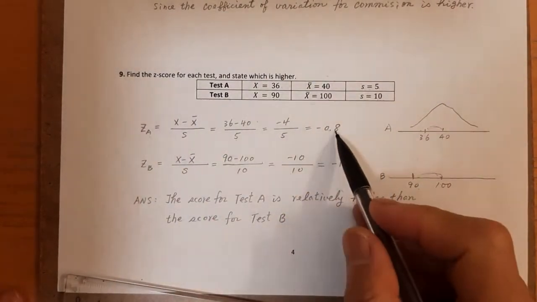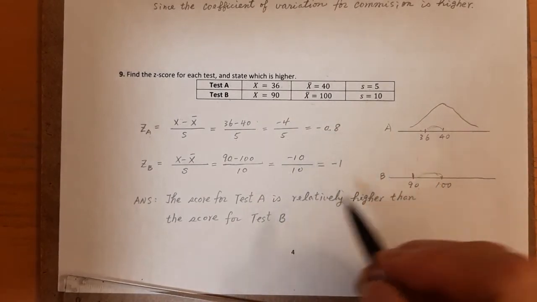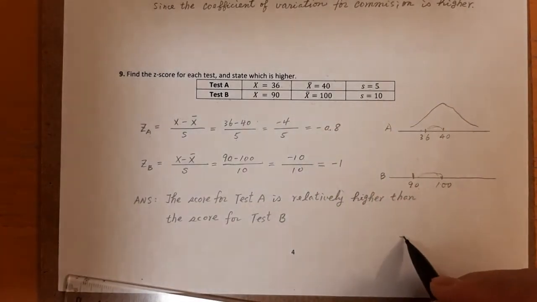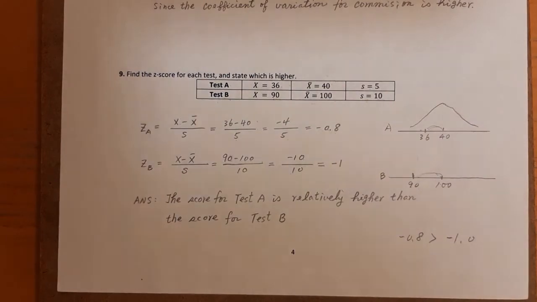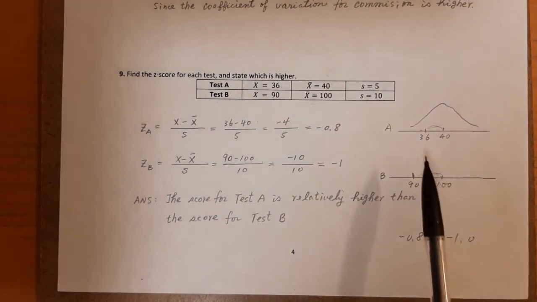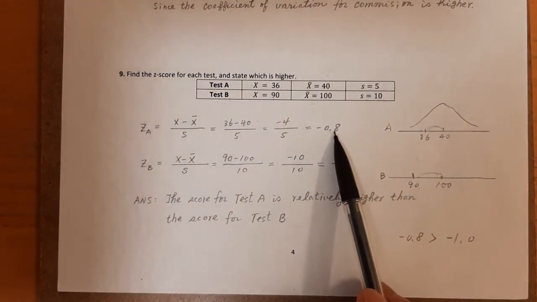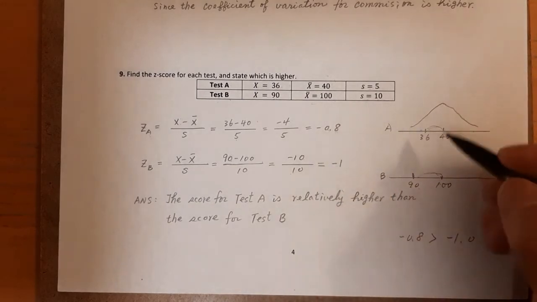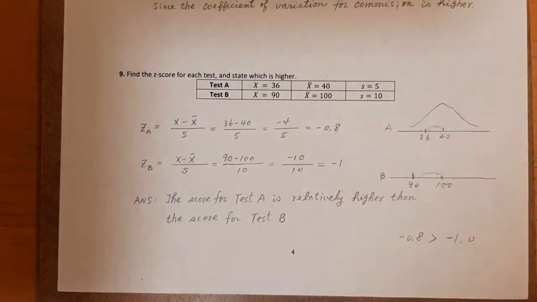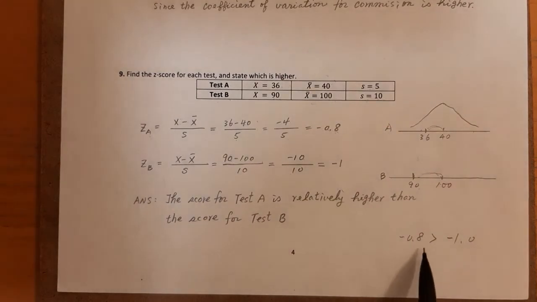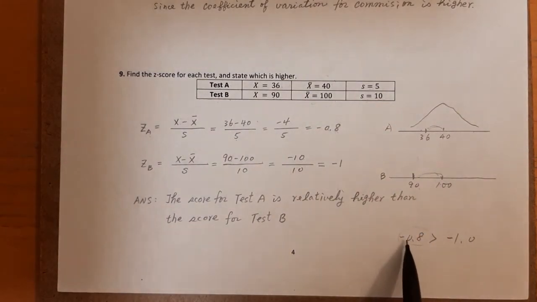So negative 0.8 is greater than negative 1.0. Which one is higher? This one is closer to the mean, and this is further away from the mean. So the higher one, negative 0.8, is greater than negative 1.0.